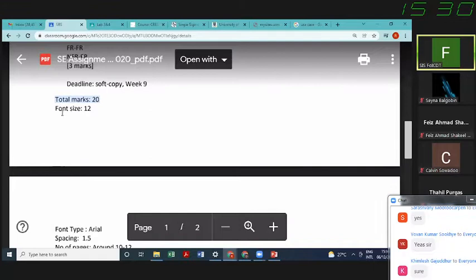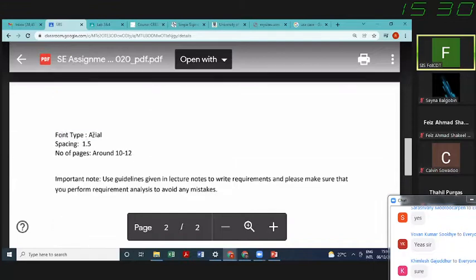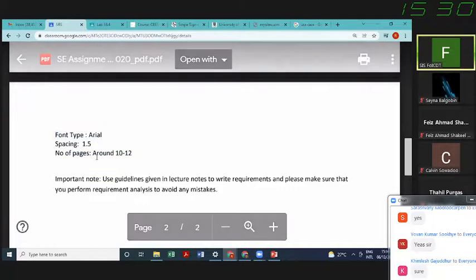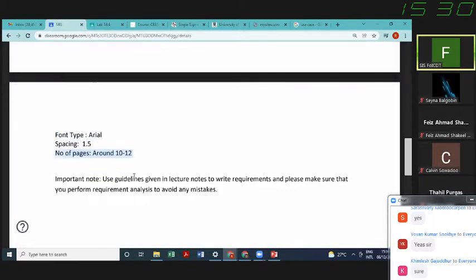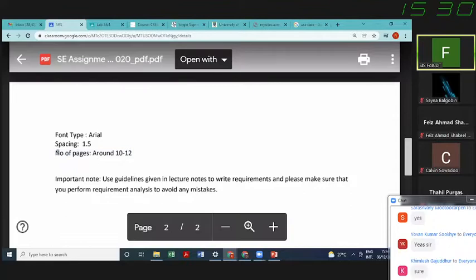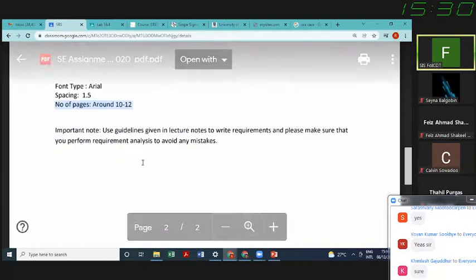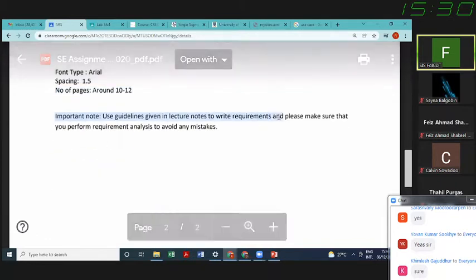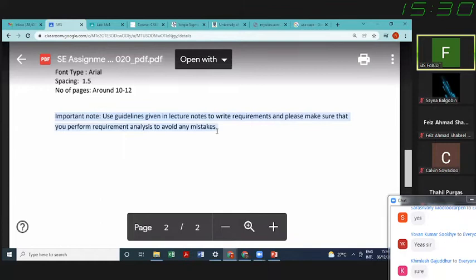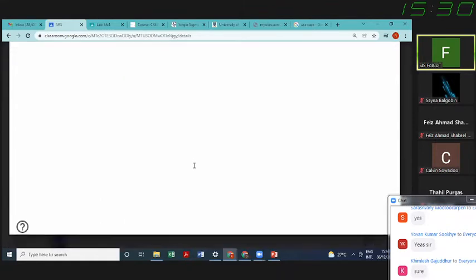So total marks 20, font size 12, spacing 1.5, number of pages 10 to 12. But for this part, even if you exceed 12, that's fine. You don't need to be stressed about this. Important note: use the guidelines given in the lecture notes to write requirements, and please make sure that you perform requirements analysis to avoid any mistakes.